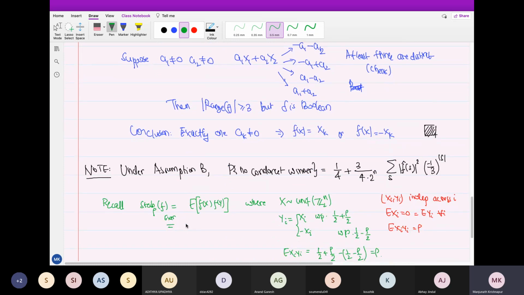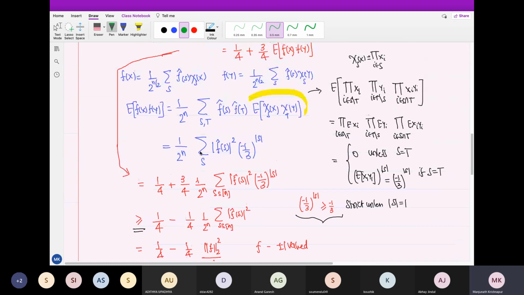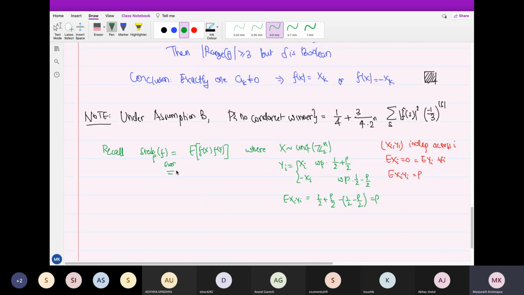It comes out exactly the same way, except their expectation of xi yi was minus 1/3. Here it will be generally 1/3. So this will be f hat of s squared times rho to the cardinality of s, and there is a 1/2 to the n outside. Okay, so this is what it will come out as.